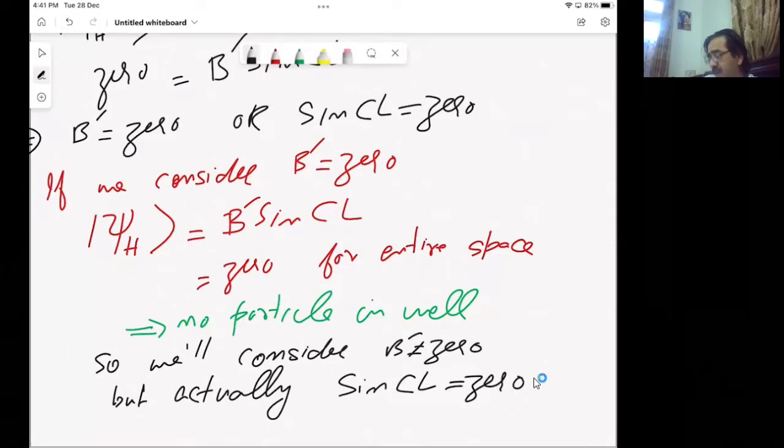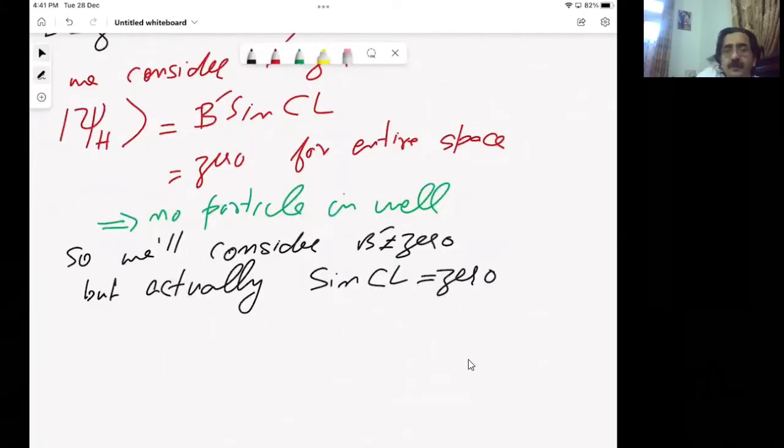L is the length, meaning the sine is varying. So this value is changing only at the point L. So we may consider it.